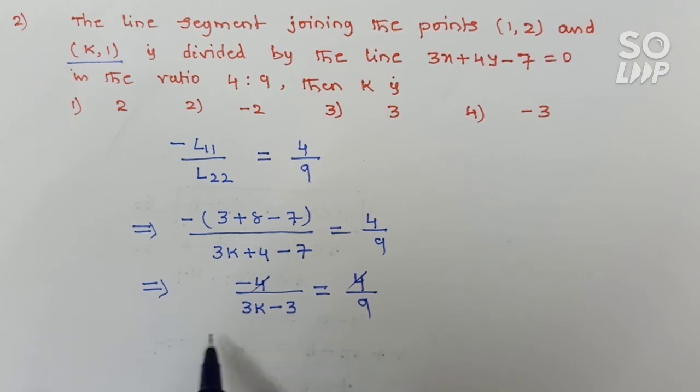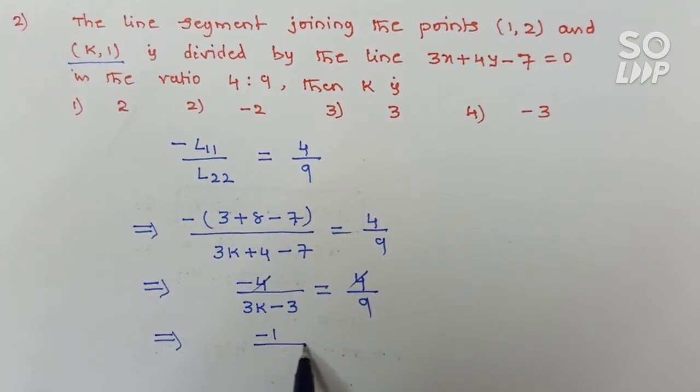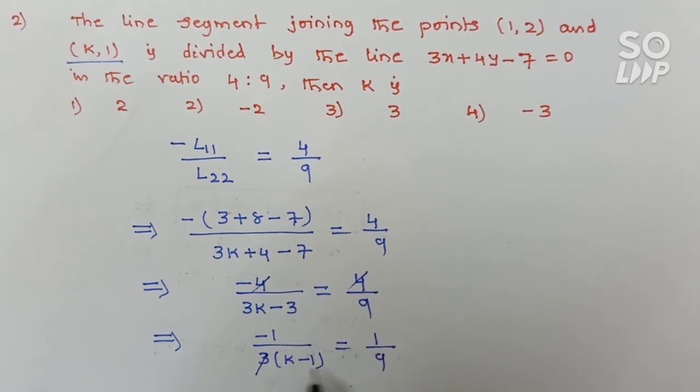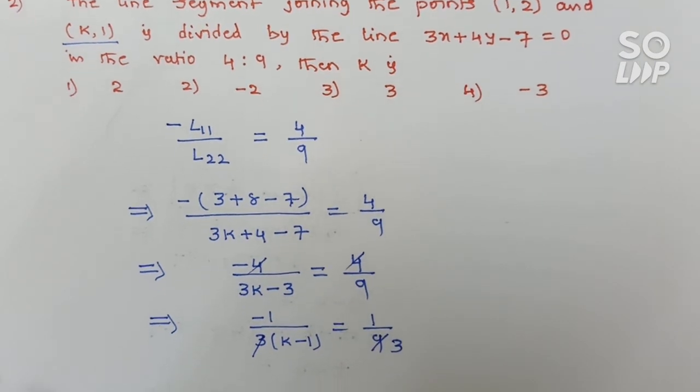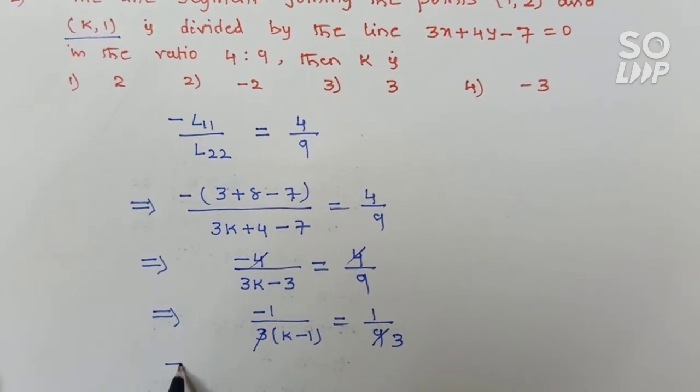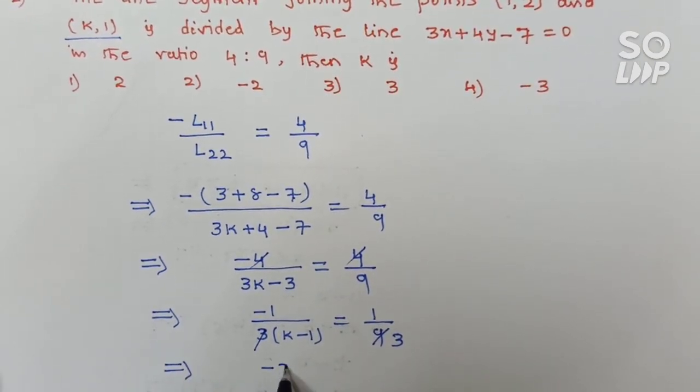In the denominator you cancel with 3. So here it is minus 1 by 3 into (k minus 1) is equal to 1 by 9. Now cross multiply, this becomes minus 3 is equal to k minus 1.